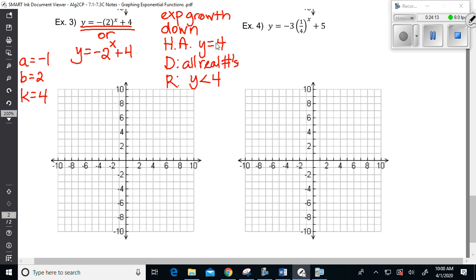So let's go ahead and start with the graph. Horizontal asymptote is y equals 4. Go to your y-axis, solid or dotted line through the number 4. Now we'll let the calculator do some work.